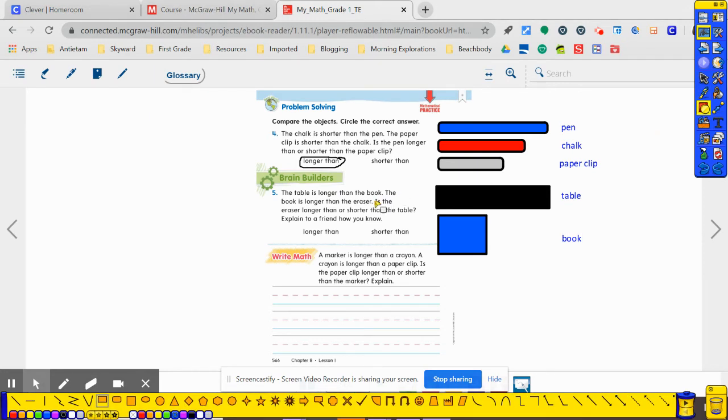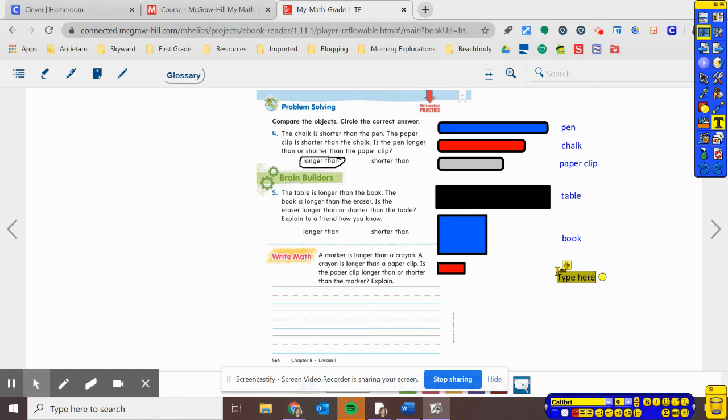Then there's one more object. It says the book is longer than the eraser. Okay, so now I need to make an eraser. Notice again how all of my objects are lined up on this side. I need you to make sure that as you're drawing yours are also lined up, first grade. And here's my eraser. So I have the table, the book, and the eraser.